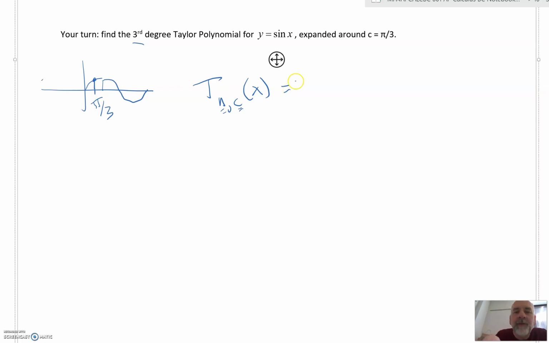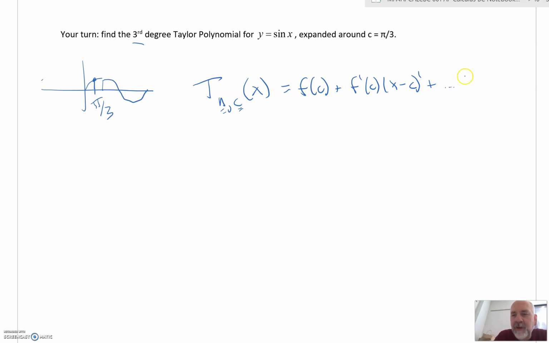For some function f of x, the formula is f of c plus f prime of c times (x minus c) to the 1 plus, and just because I'm running low on space, I'm going to skip straight to the general term. Normally I'd write an extra one. The general term is the nth derivative of f, evaluated at c, over n factorial, times (x minus c) to the n.